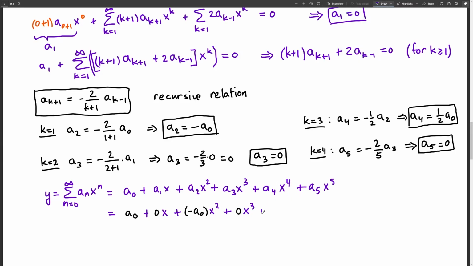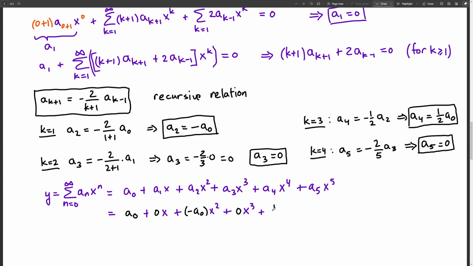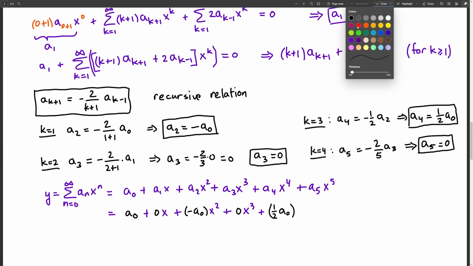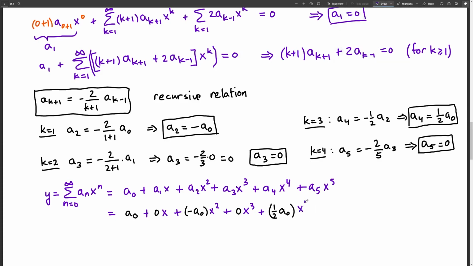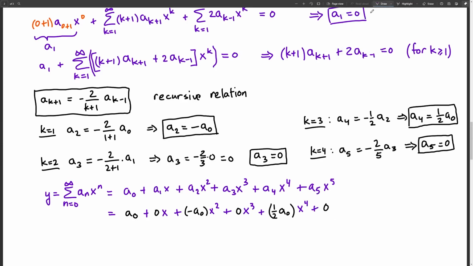So we have plus 1/2 a0 times x to the power 4. And then plus 0 times x to the power 5. And what you'll see is that all the odd powers of x will just disappear. And our final solution, our final answer to this question looks as follows.